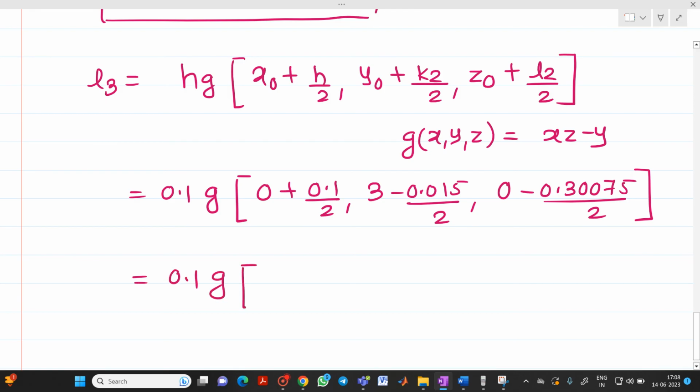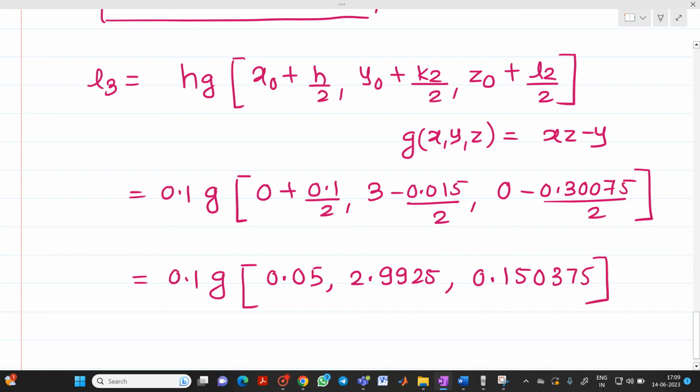So what is the answer you will get? 0.1 into g of (0.05, ...). If you do 0.015 divided by 2 and 3 minus that, you will get 2.9925. And if you do 0.30075 divided by 2, you will get 0.150375. So what is your function?